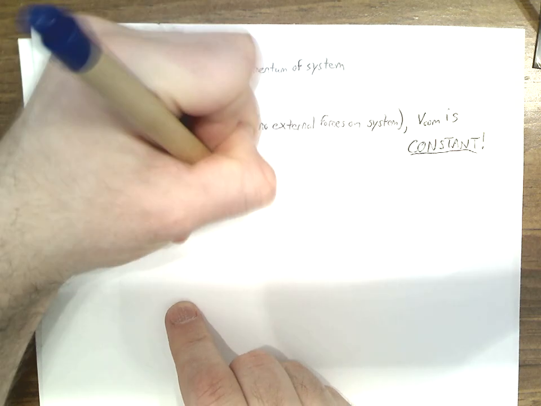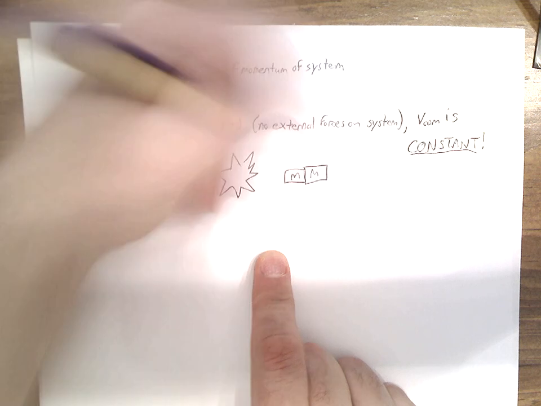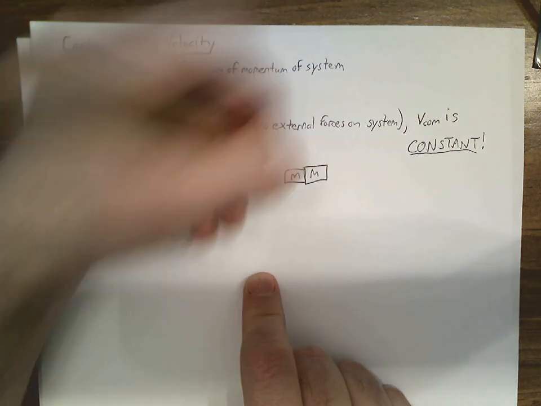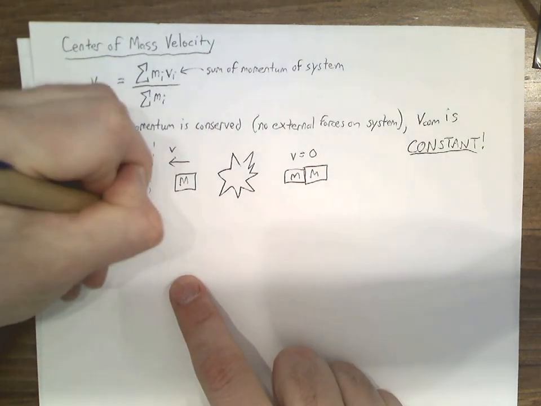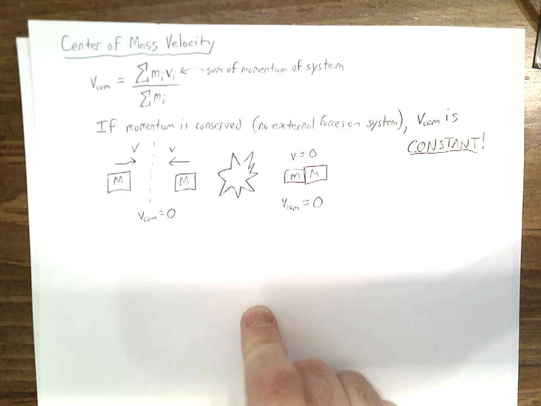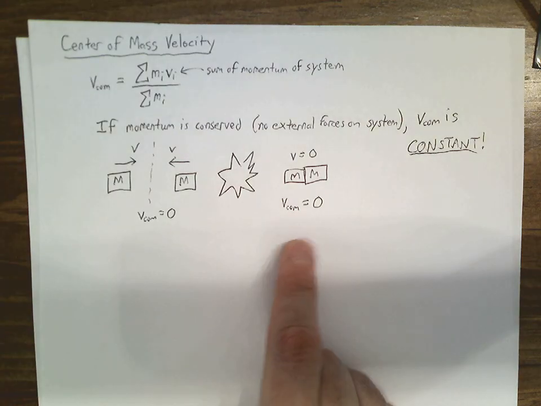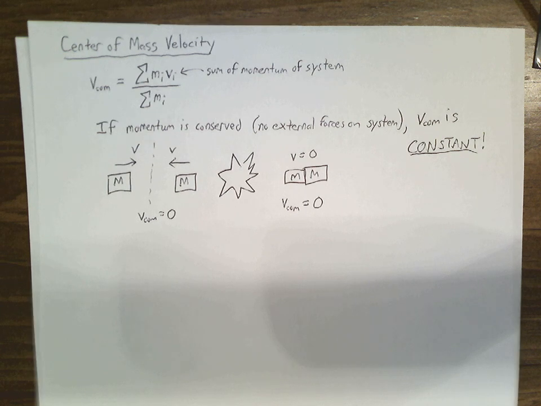So they crash, bang, and now the 2 cars are sitting at rest in a mangled heap of scrap. The velocity of the system is 0, but that correlates with our idea that V_COM was 0 before, and V_COM is 0 after. The center of mass velocity was constant. This is a simple example to illustrate, but this is true in any collision where we would expect momentum to be conserved.